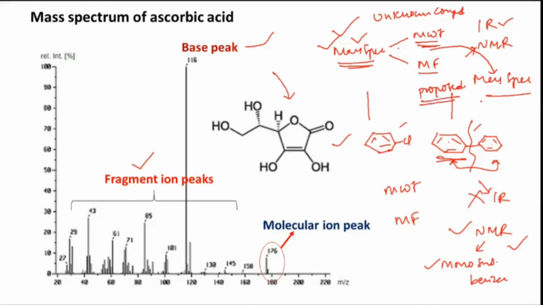To confirm whether a particular functional group is there, we take help from mass spec through fragment analysis. This is how mass spectrometry helps in the elucidation of a big unknown compound structure. It starts with mass spec and ends with mass spec.